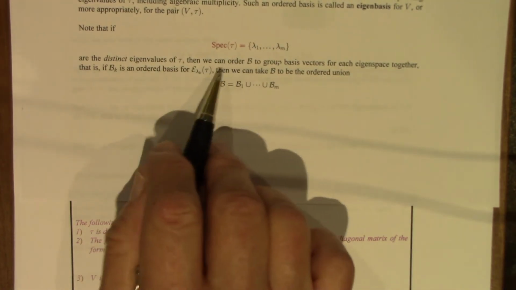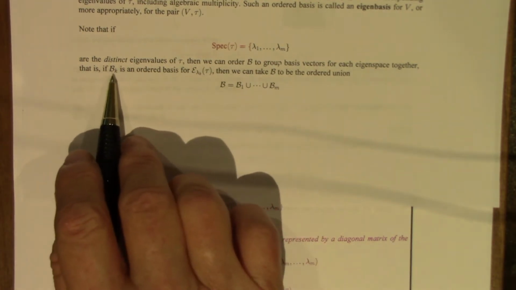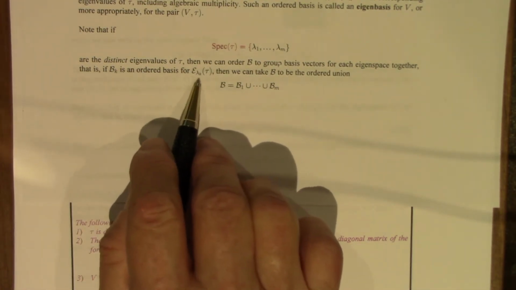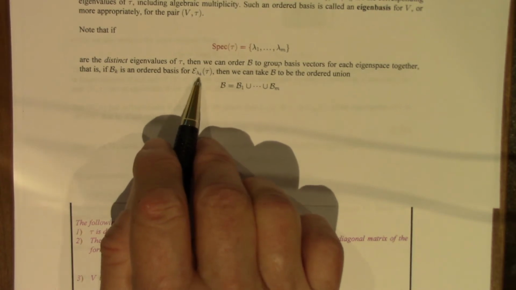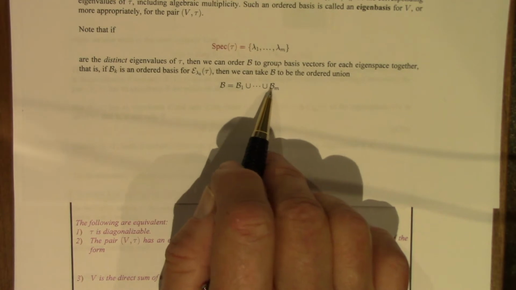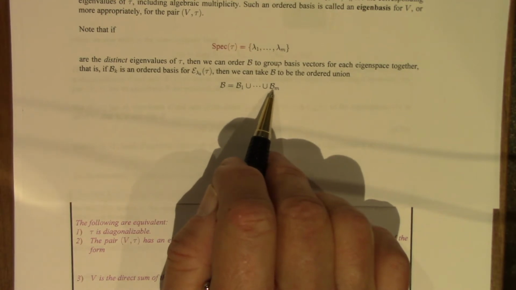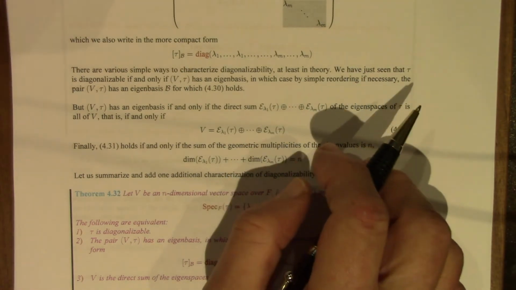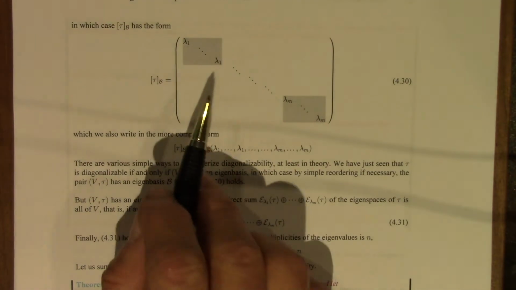So what we do is we take, let's say B sub k, an ordered basis for the eigenspace associated with lambda sub k, and then we can string those bases together into a basis for the entire vector space, and what we will get is a matrix representation that looks like this.